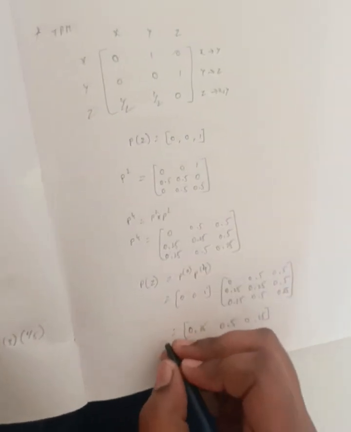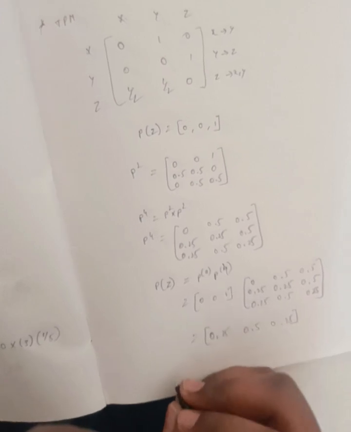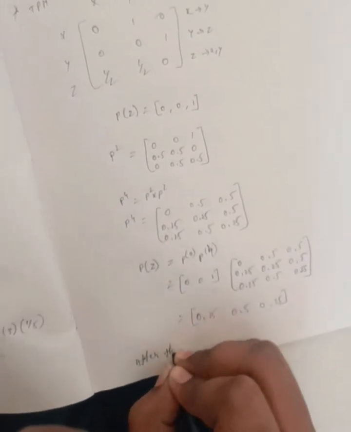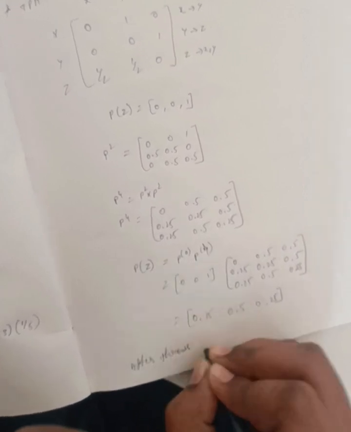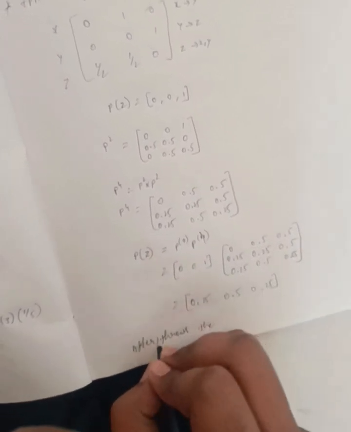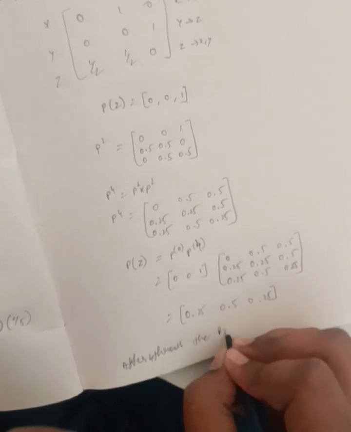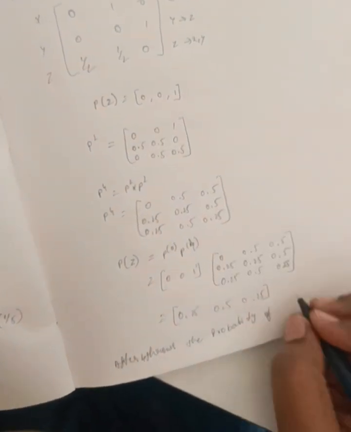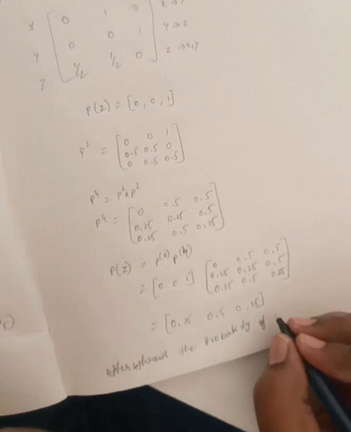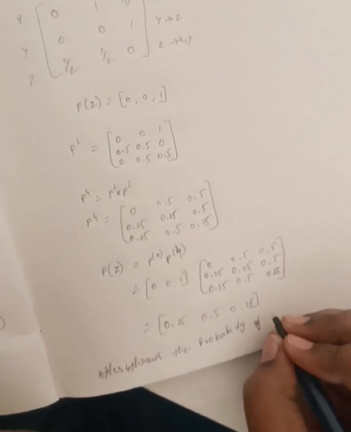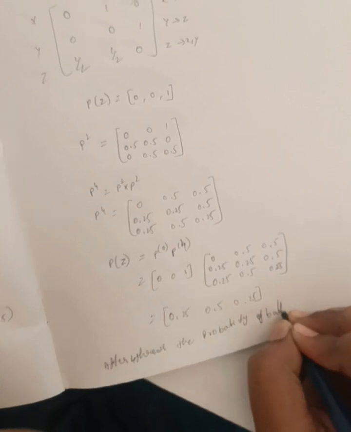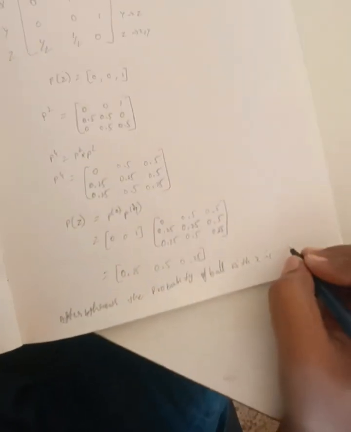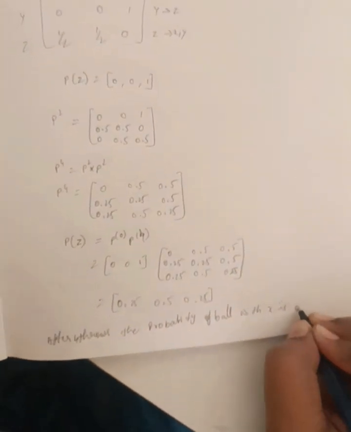We want the ball with X after the 4th throw, so the probability is 0.25.